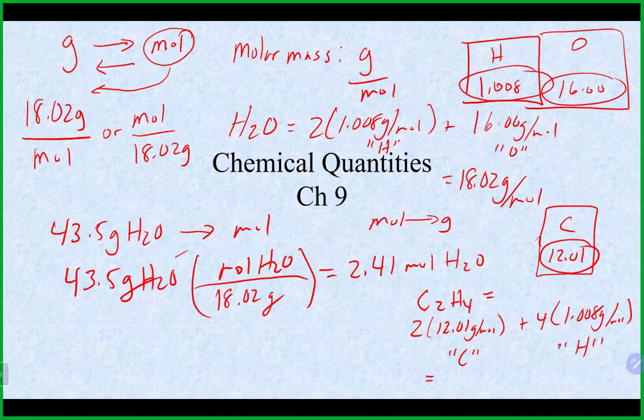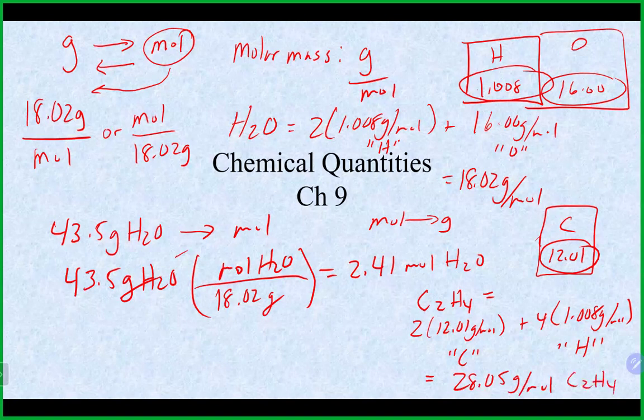It is typical when you take the molar mass off the periodic table, or just in general when you calculate molar mass, that you usually take the molar mass to 4 significant figures. That would get us something like 28.05 grams per mole as our molar mass for C2H4.